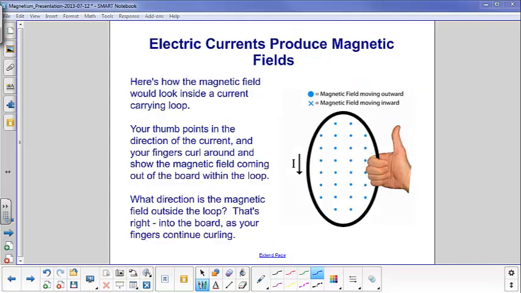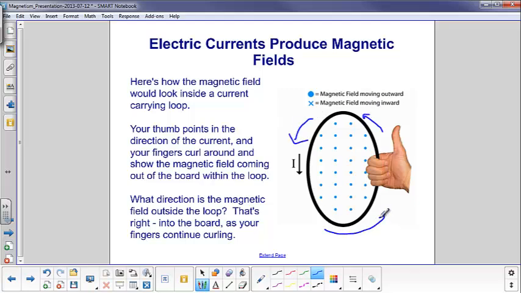Here's our first example of how to use your right hand to determine the direction of a magnetic field. We have a current carrying loop. This is in the plane of the paper, so this is still showing in two dimensions. I want to find the magnetic field inside here. I've already drawn it here, but let's see if we can figure it out. I take my right hand and put the thumb in the direction of the current, and the current is flowing counterclockwise around the loop.